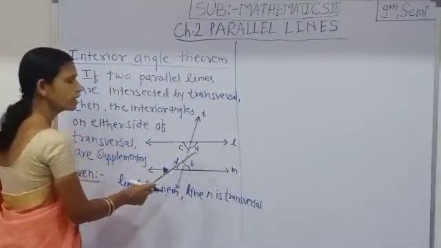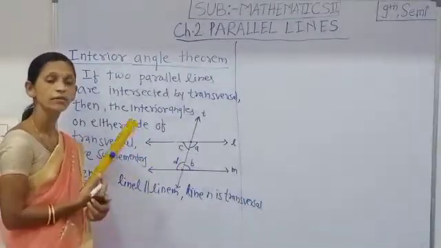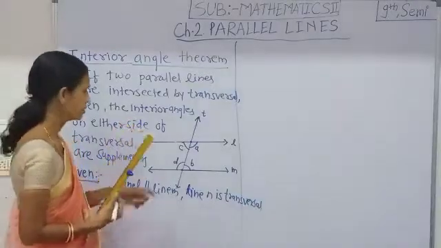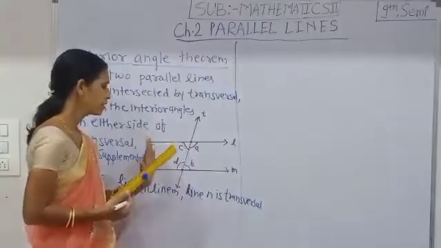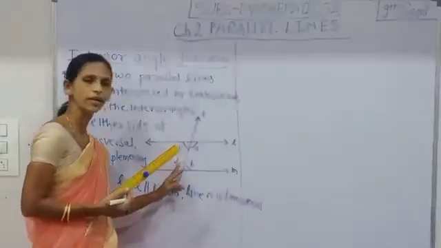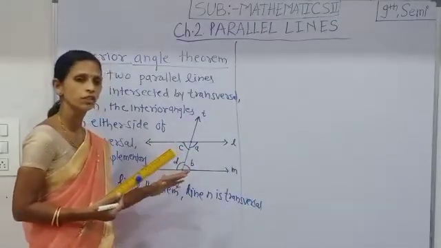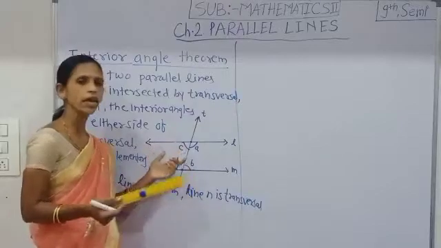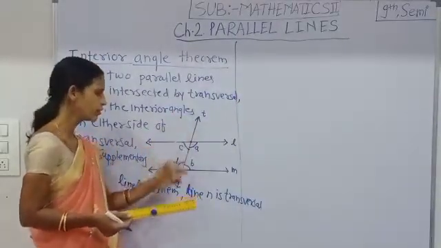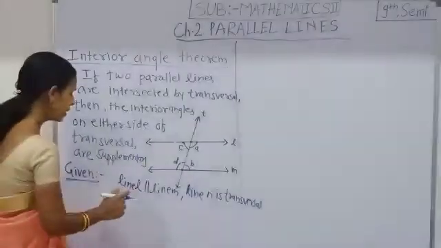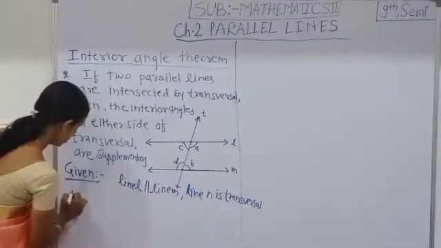Angle A and angle B are the interior angles on one side of the transversal, and angle C and angle D are the interior angles formed on the other side of the transversal.